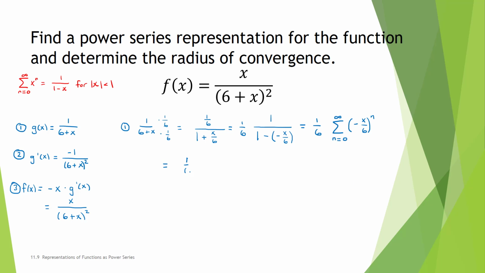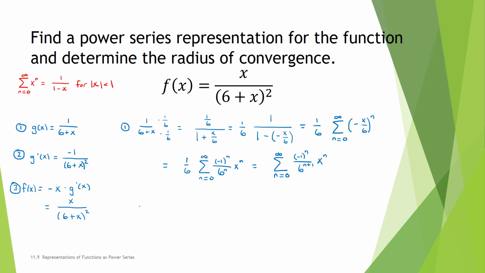Simplifying, we have 1/6 times the sum from n equals 0 to infinity of negative 1 to the n divided by 6 to the n times x to the n. And then multiplying that 1/6 that's out front into the term, we have negative 1 to the n divided by 6 to the n plus 1 times x to the n.